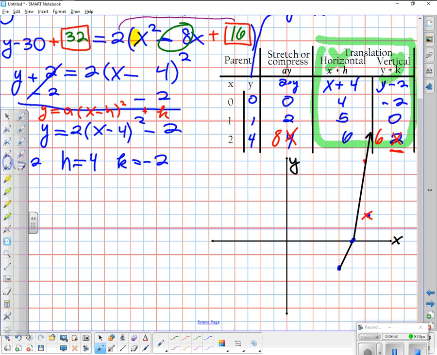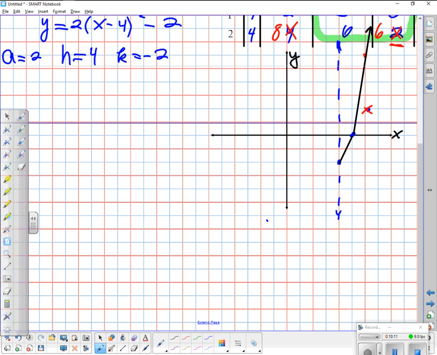Okay. Remember, a parabola has a line of symmetry. That means there's a line right in the middle, and one side, meaning the right side, will be exactly the same as the left side. So this is called the axis of symmetry.